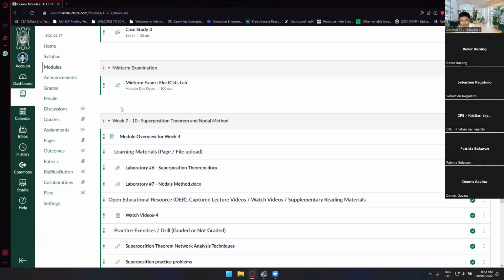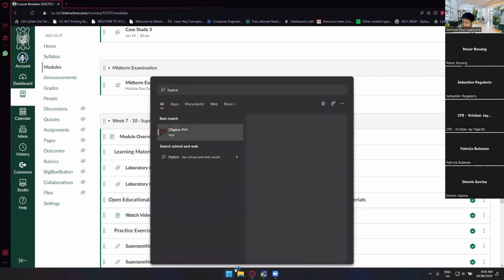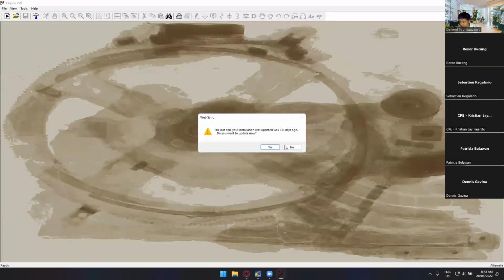Any questions or clarifications so far? Sir, it looks like a generator that has an arrow inside. So there is a question here coming from Mr. Arid.